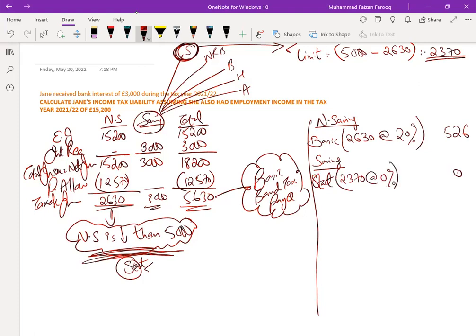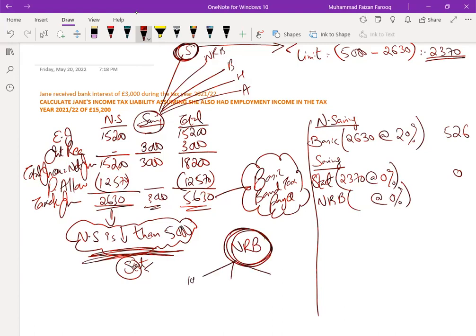Right. Now the next band is the nil rate band. Just go back to the previous page and see what I wrote. Nil rate band means 0% tax. The limit of the nil rate band we discussed depends on the status.